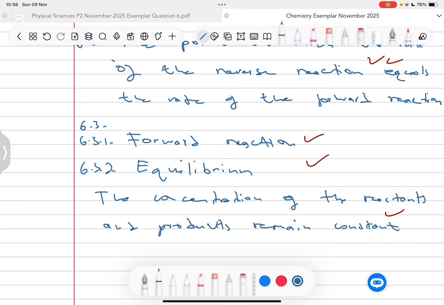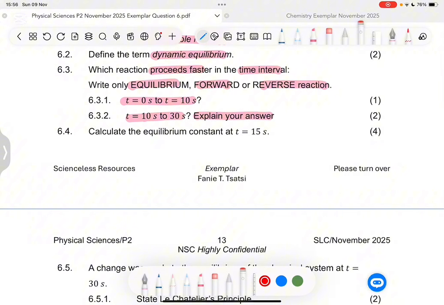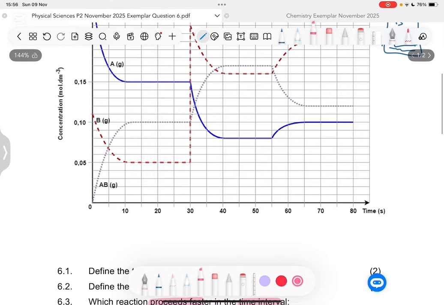Now looking at the next question, which is 6.4, we are required to calculate the equilibrium constant at t equals 15. So we are mapping out here that t equals 15 would be somewhere here. We want the equilibrium constant at this stage.